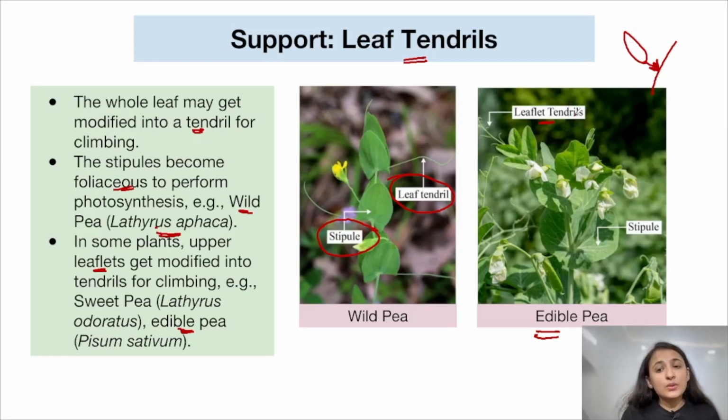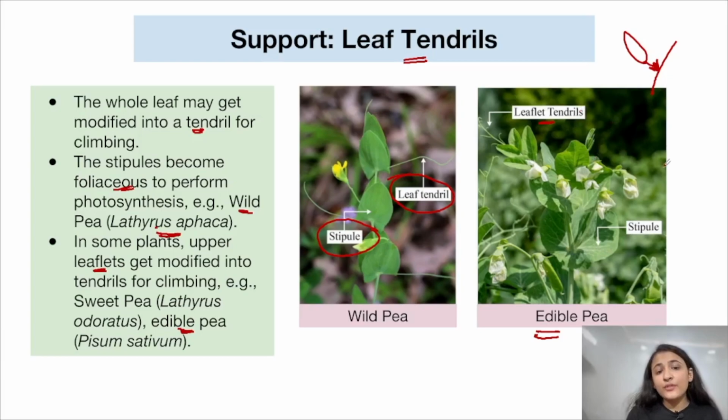So in the earlier plant, leaves only were present. The leaves in that plant were not divided into leaflets. That is why leaf tendril. Here the leaves are divided into leaflets. These are compound leaves. So that is why we are calling them leaflet tendrils to be more specific. So in some plants, the leaves will get modified into tendrils. In some other plants, the upper leaflets will get modified into tendrils for climbing.